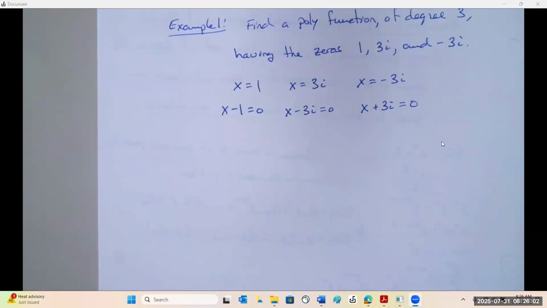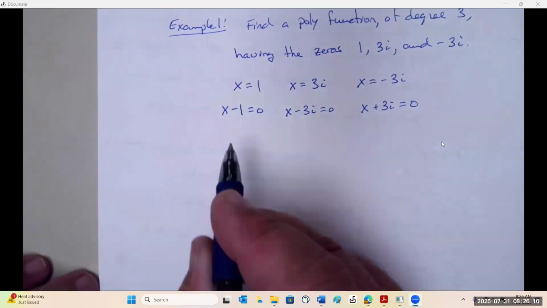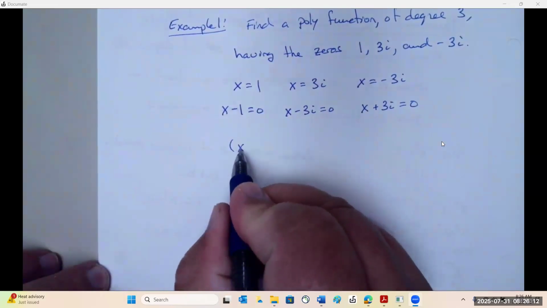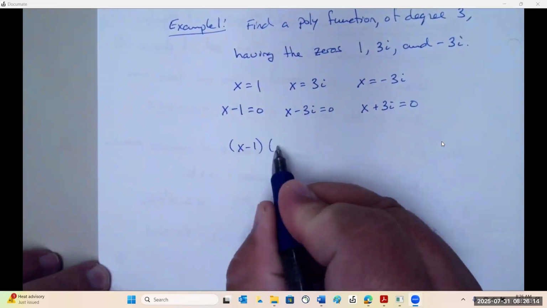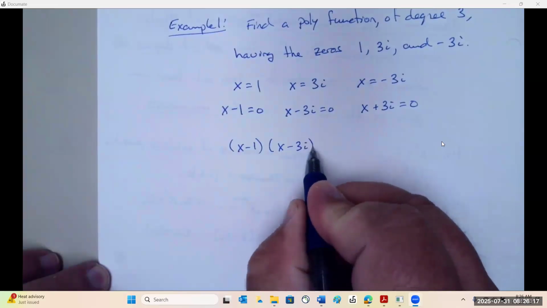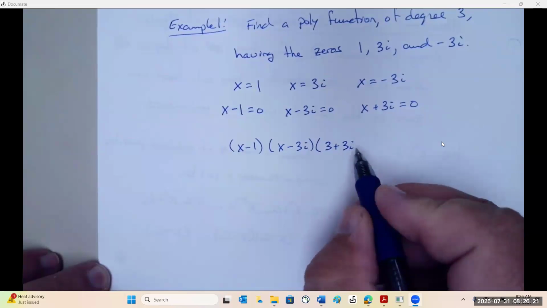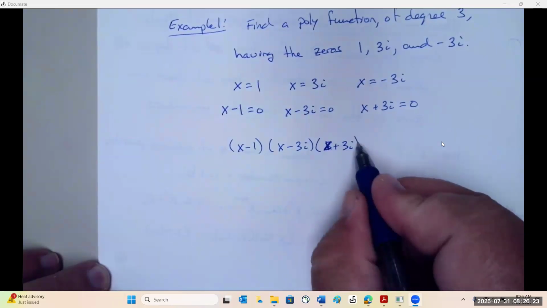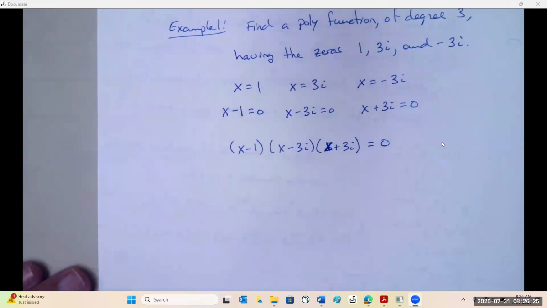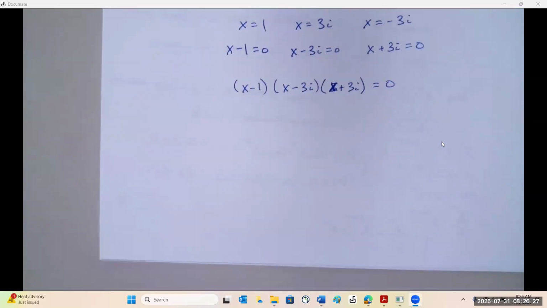Now what do we do? Yeah, now I multiply them all together. X plus 3i, and set that equal to 0. Now I multiply.